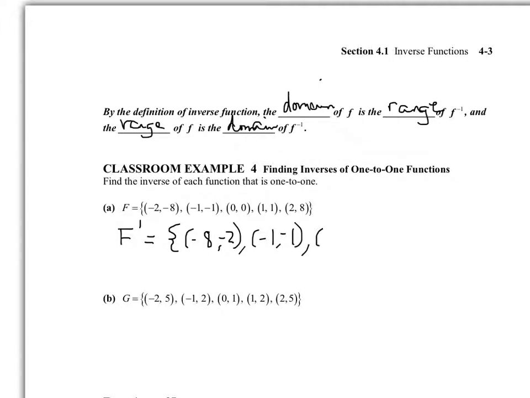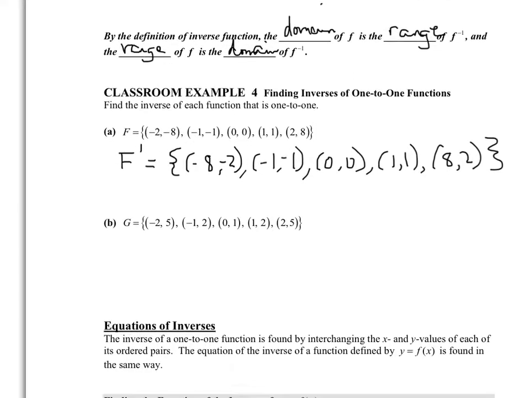The x and y values were the same on these three ordered pairs in the middle. As you can tell from the first one and the last one, typically when I switch, they're not going to look the same. We just happen to have the same values in those three ordered pairs in the middle of this set. And my last ordered pair would be 8, 2. Be sure you use your braces to close off your set.